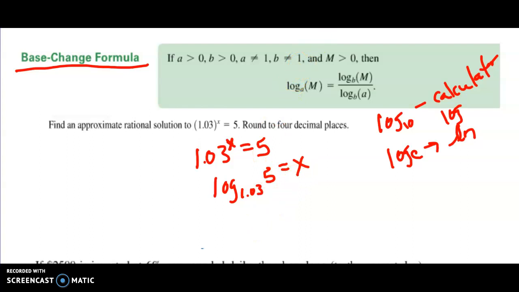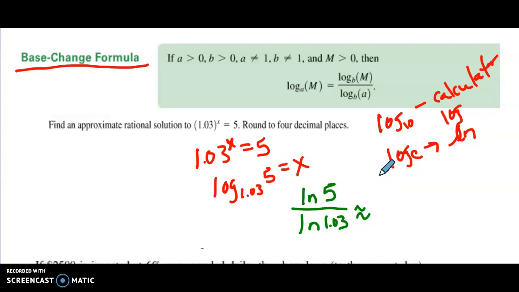Well, let's use the change of base formula, which tells me if I have the log base something of m, I can take the log base something else of m divided by that same log base something else of this base. So I'm going to use my calculator. I'm going to use natural log. I'm going to take the natural log of 5 divided by the natural log of 1.03. And that will give me my approximate solution.